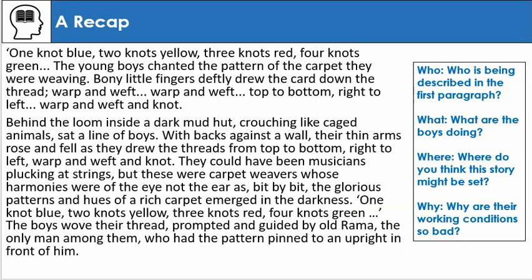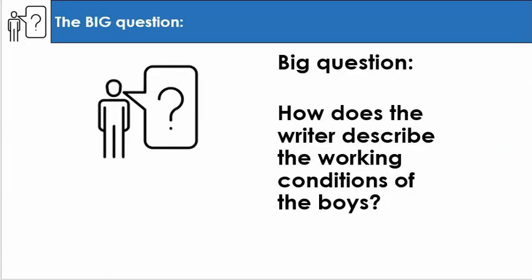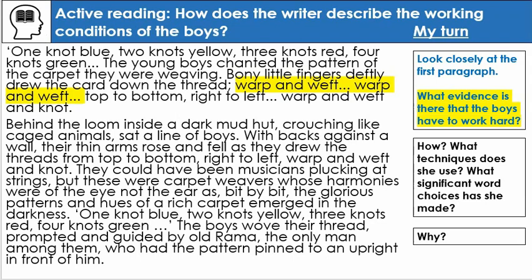A recap. This is the section of text that you read last lesson. This lesson, we're going to be looking at how the writer describes the working conditions of the boys. So we're going to do some active reading here, and while we're reading and highlighting, the best thing that you can do if you've got the text printed is that you highlight.